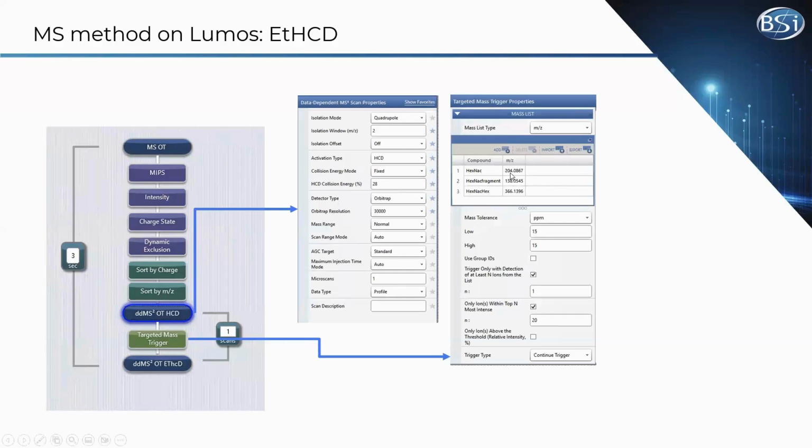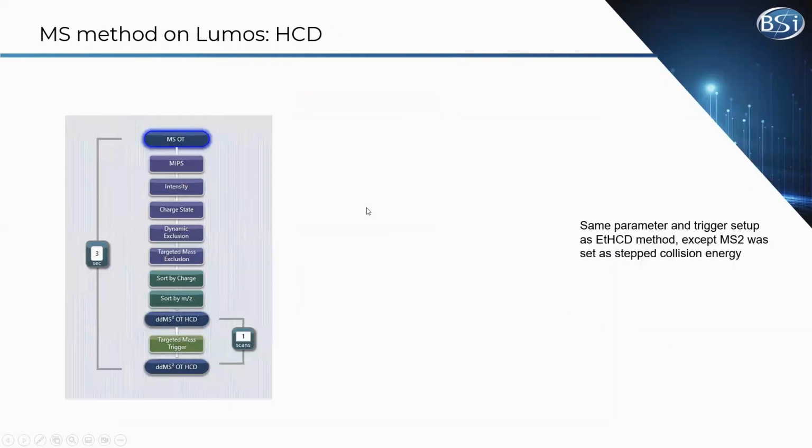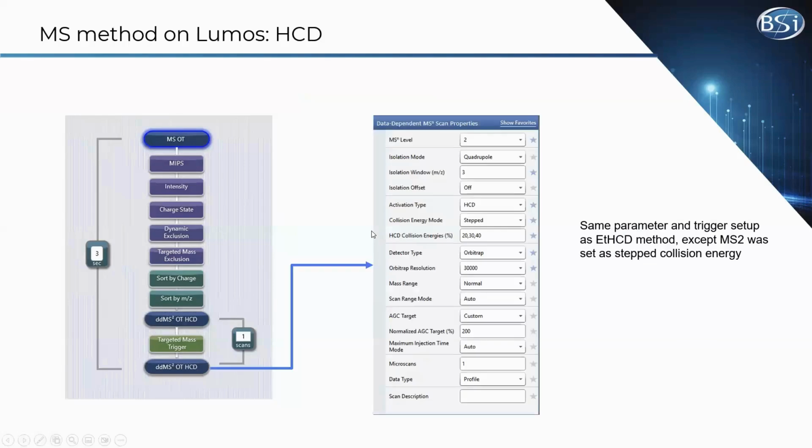So anytime we see a mass corresponding to one of these oxonium ions, we can send the precursor for ETD fragmentation, shown here. And then we also use just a straight HCD method, but we use step collision energy. So for each precursor, we use step collision energy of 20, 30, and 40%.